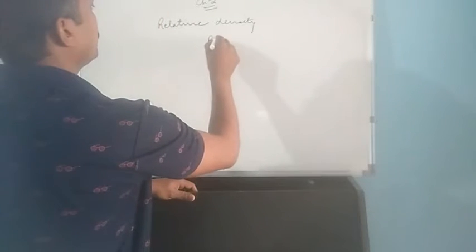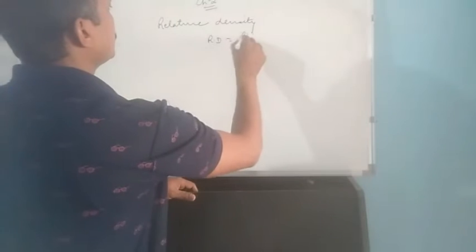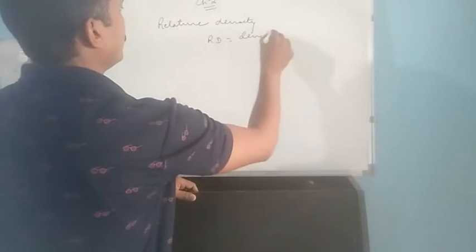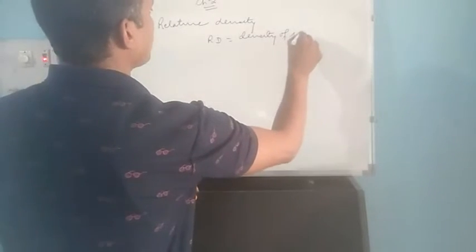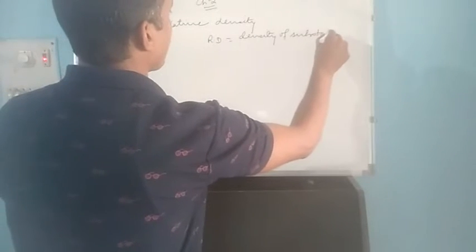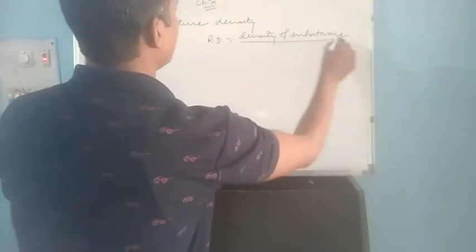So we can write relative density as density of substance to density of water.